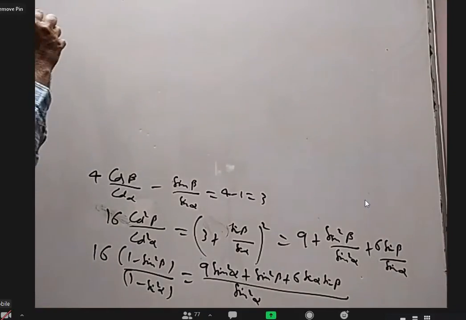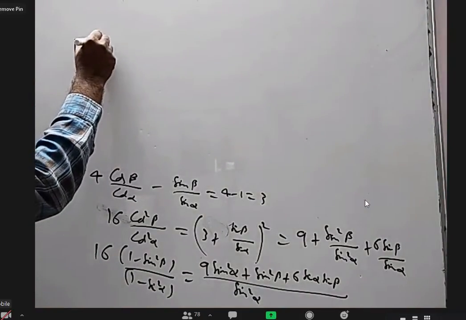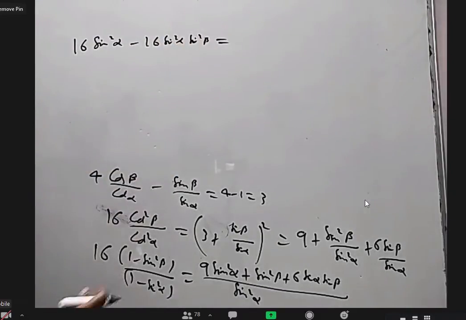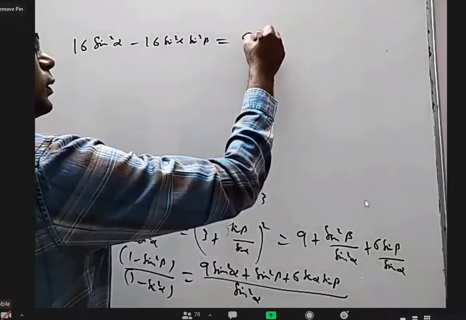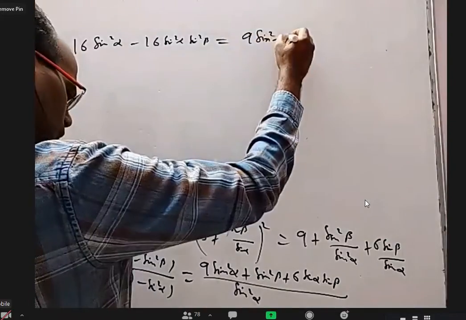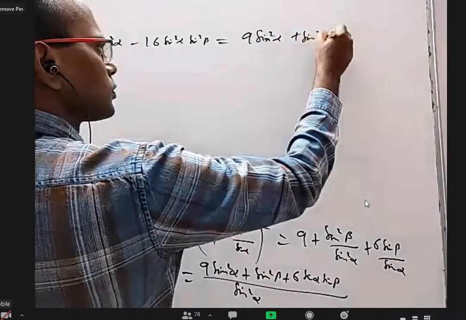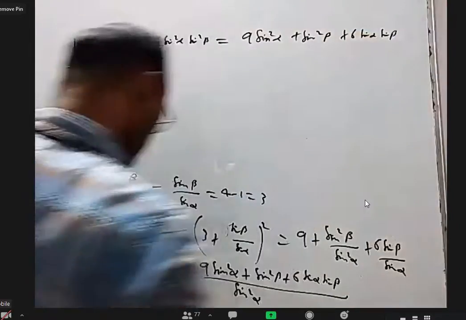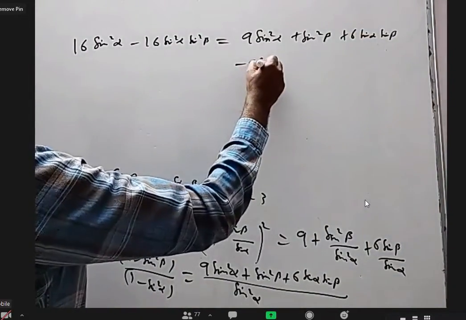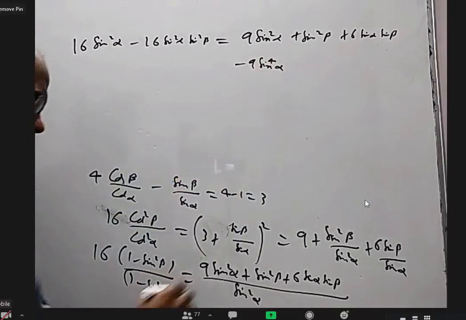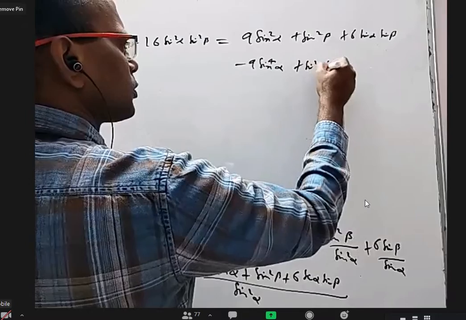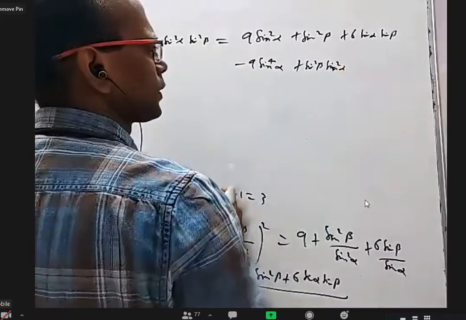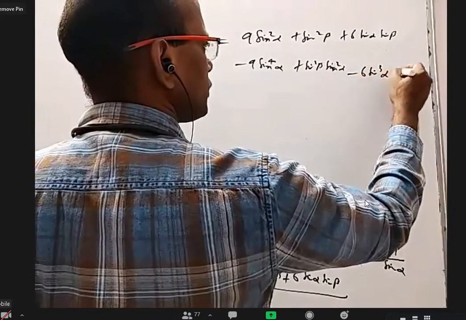If I do cross multiplication, 16 sin square alpha minus 16 sin square alpha sin square beta, from here to here, 9 sin square alpha plus sin square beta plus 6 sin alpha sin beta. With this I will multiply: minus 9 sin power 4 alpha, minus sin square beta sin square alpha, minus 6 sin cube alpha sin beta.